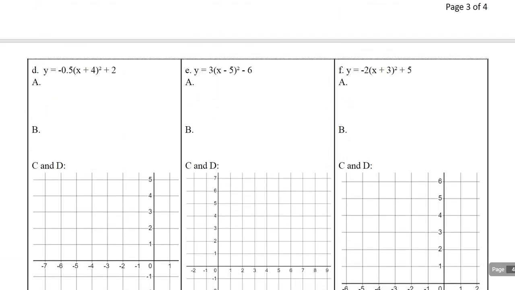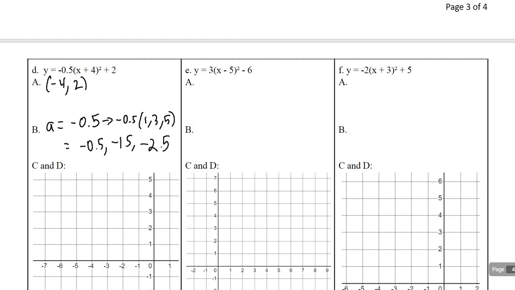Okay. H and k, that's negative 4, positive 2. I have A equals negative 0.5. I multiply that by 1, 3, 5. And I get negative 0.5, negative 1.5, and negative 2.5 as my step pattern.